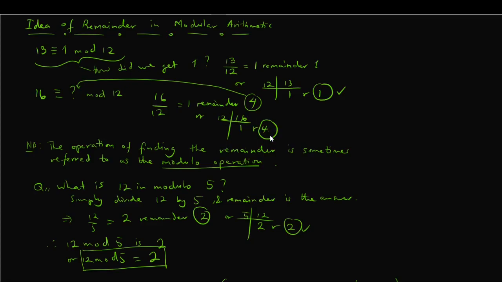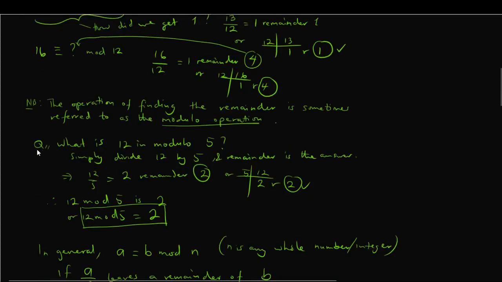So that is how we use the concept of remainder to find the modulus of a certain number. Now, we need to note that sometimes the operation of finding the remainder is referred to as the modulo operation. So not only in mathematics, but also in programming, for instance, when reference is made to the modulo operator, we are talking about the remainder after a certain calculation is done.